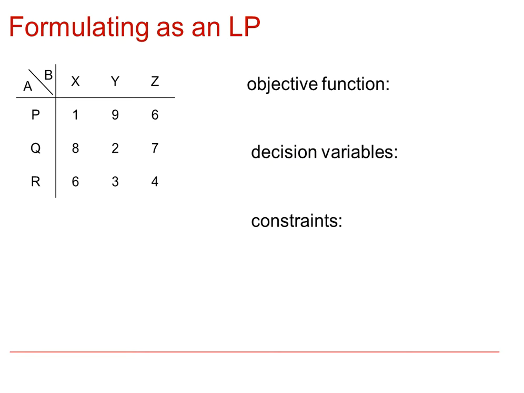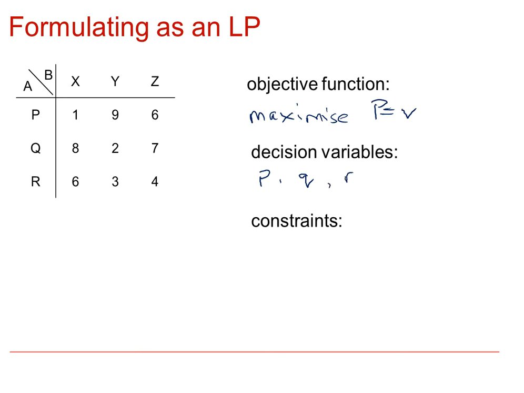So to formulate a problem as a linear programming problem, we need 3 elements. The objective function. Well, this is usually a maximise or a minimise, and here we want to maximise P equal to this value of the game for A. The decision variables are these probabilities: p is defined as the probability of A playing option P, q defined as the probability of A playing option Q, and r.